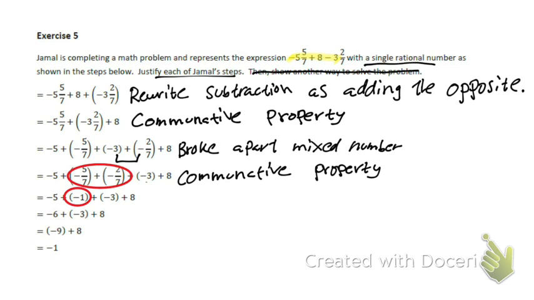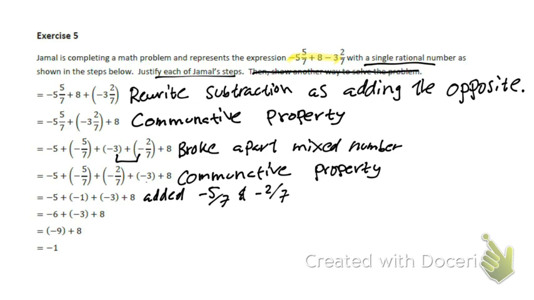So he moved some numbers around so that it's easier to add these two together. So what he did right here was simply he added -5/7 and -2/7 to get -1.